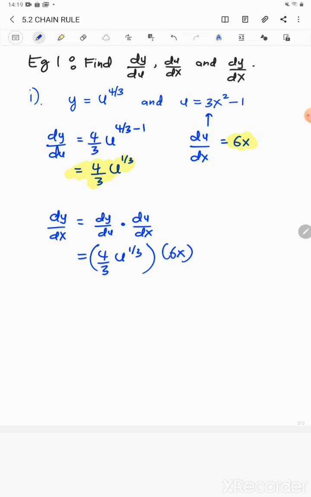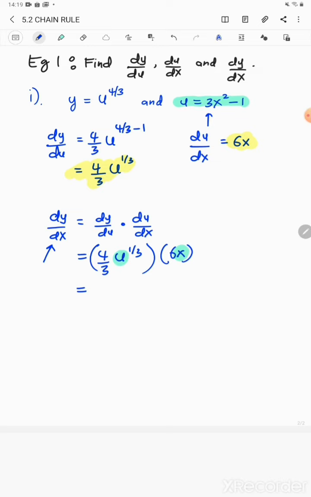Now class, you have to understand that the function must be in terms of x. You cannot have u, sorry. Now we have u mixed with x, so you have to make sure that everything is in terms of x. So just replace u with 3x square minus 1.